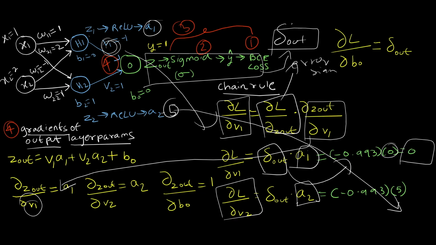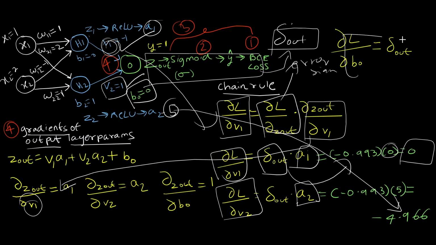If we multiply these two, we will get minus 4.966 something. That's how we get these two. So we calculated the gradient of the loss function with respect to this weight, and with respect to the other weight, and next one is the bias.